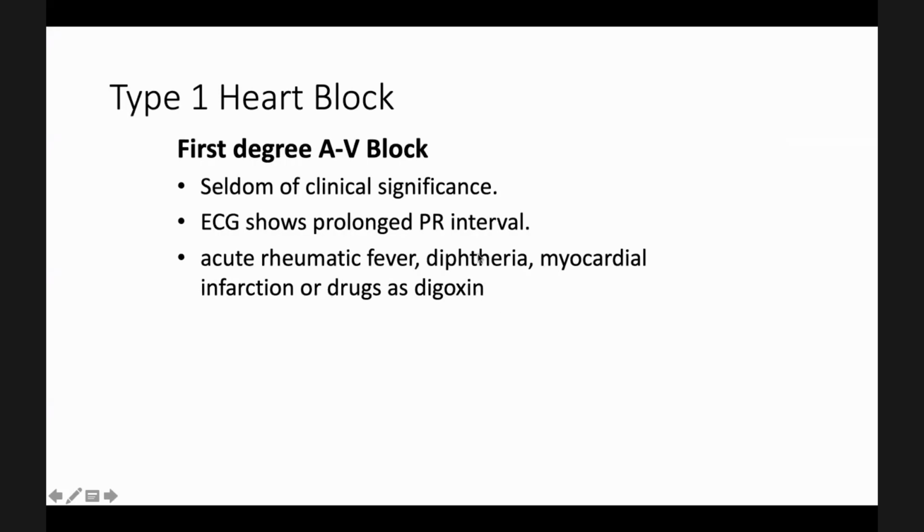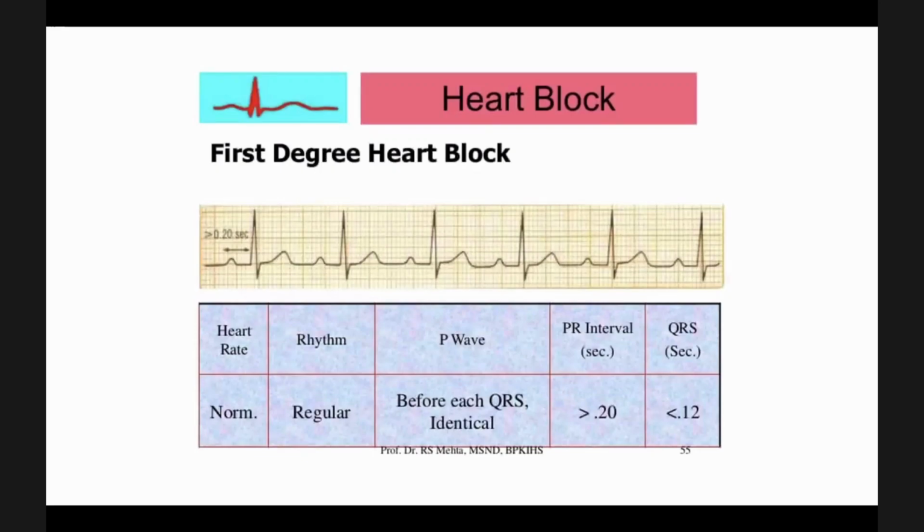Sometimes you might not see the P waves at all. They can get a nodal rhythm. Nodal means there are no P waves. Or the P waves could be abnormal as well. So this is the first degree heart block.